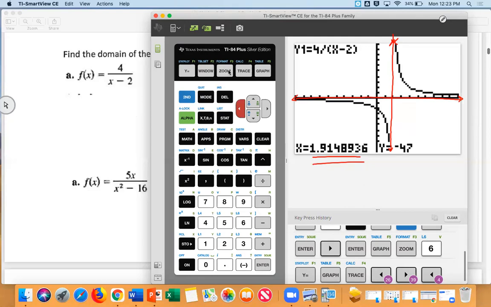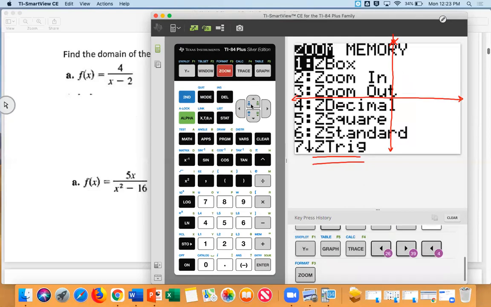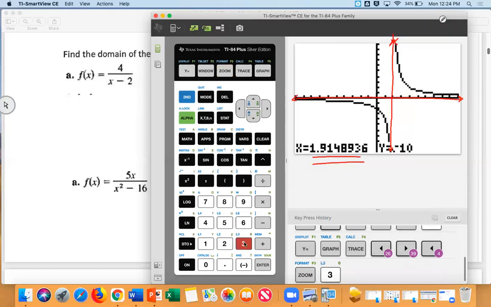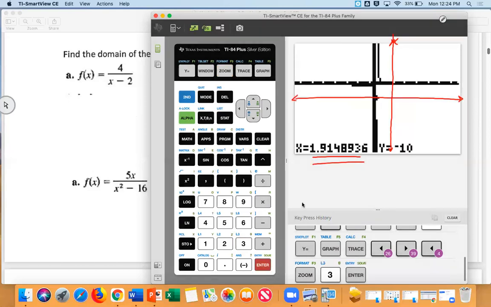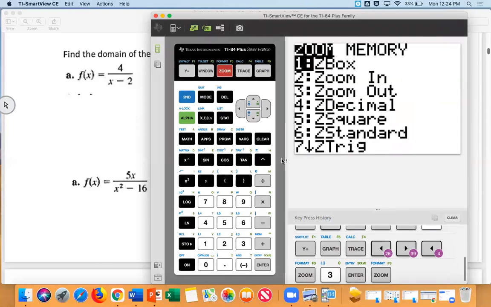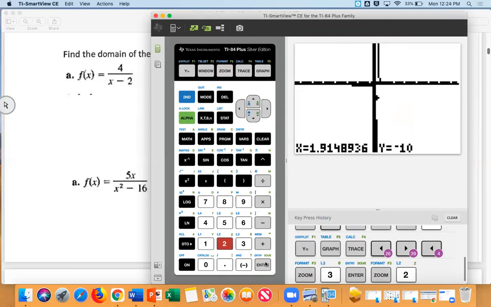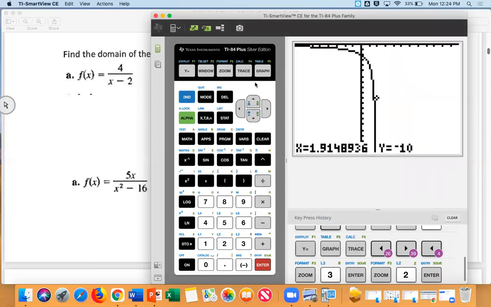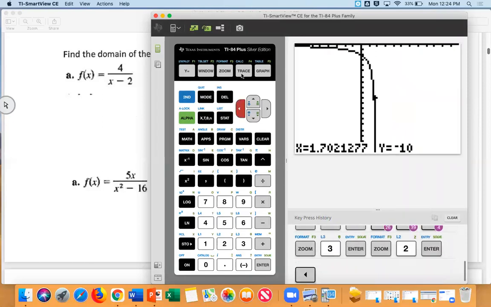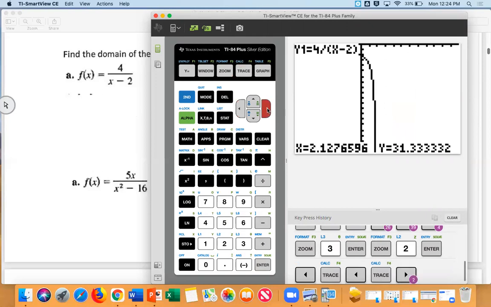If I zoom out, it didn't help too much. I'll zoom back in, see if I can get a better one. Yeah, this will work. See how I'm along here? Do you see how my line just keeps going down and down?